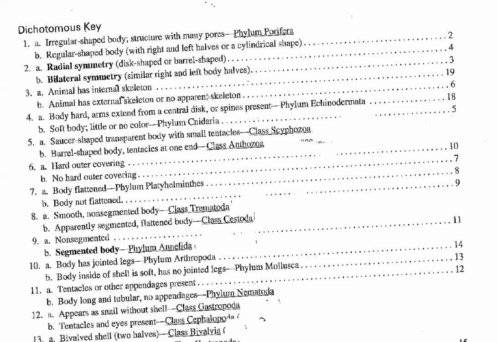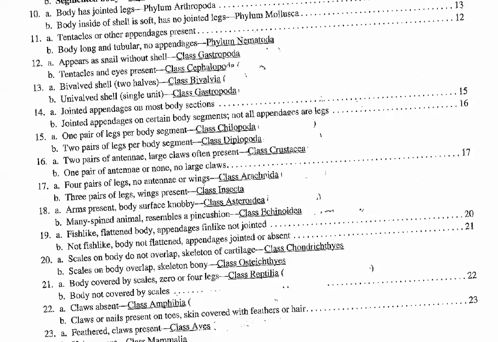And animals with no apparent skeleton are kind of squishy. They don't have anything hard supporting their body on the inside or the outside. So if we were still looking at a lizard, we would make this option and go to dichotomy number 19, which is lower down on the key.